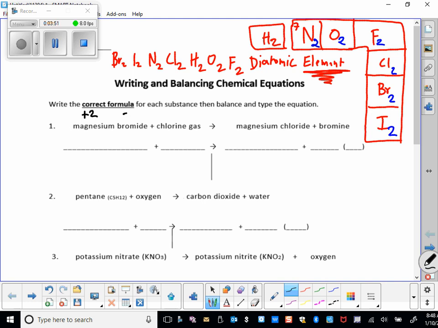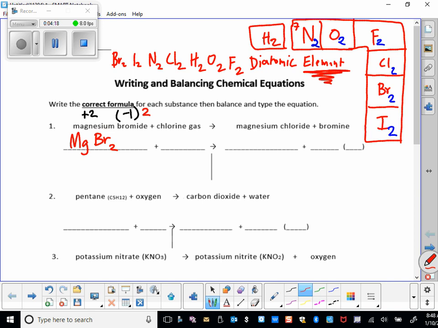Bromine is a -1. If I were to write the formula of magnesium bromide, which side should I multiply? Bromide side by 2. So only this side gets multiplied. And so my formula becomes MgBr2.